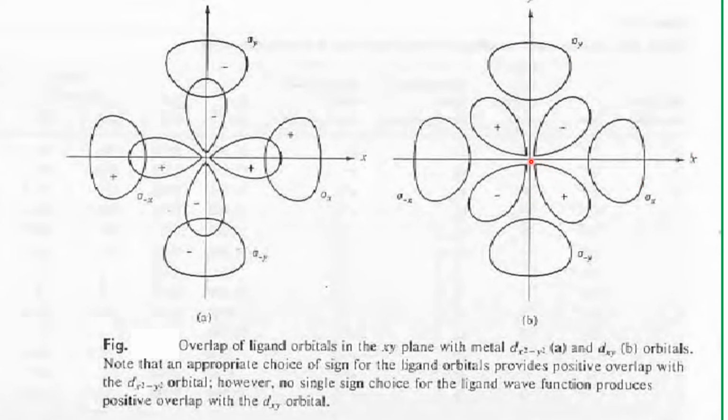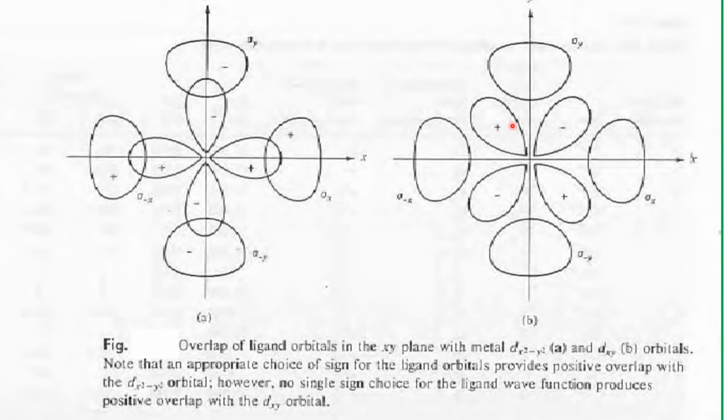One of the T2G orbitals is shown as an example for the T2G set: the dxy is directed in between the bonding axes, so there is no direct contact between the metal and the ligand orbitals, so no overlap occurs.